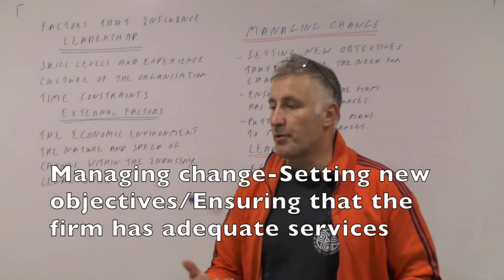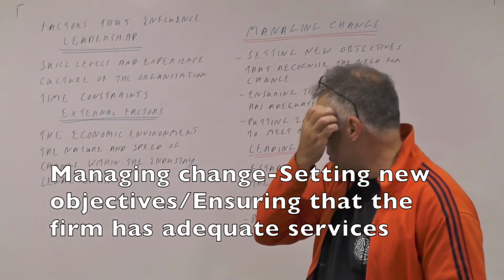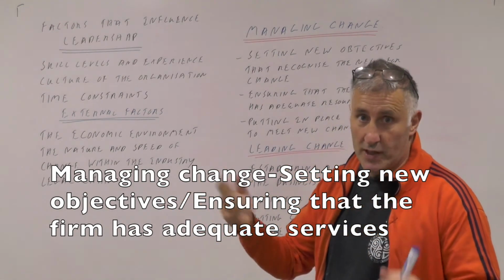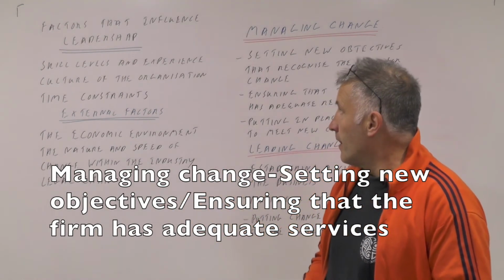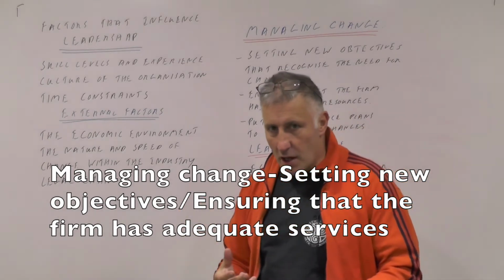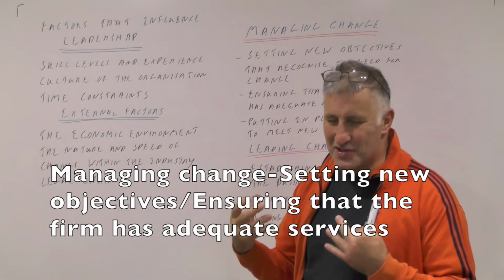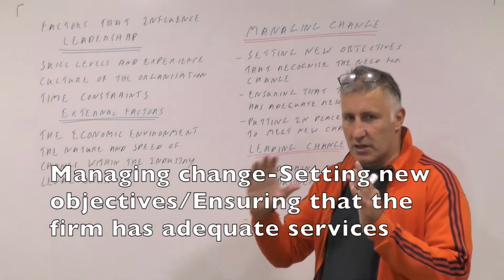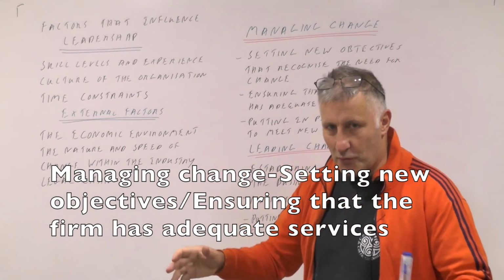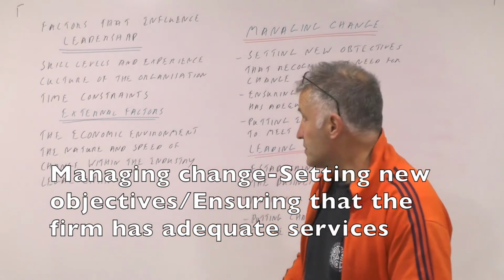So this is the second part of this video, which is also to do with leadership styles, autocratic all the way to laissez-faire. There are factors that influence leadership styles, and there are external factors too. Now, this is very dry, but it's like the building blocks for when you go and look at various businesses.